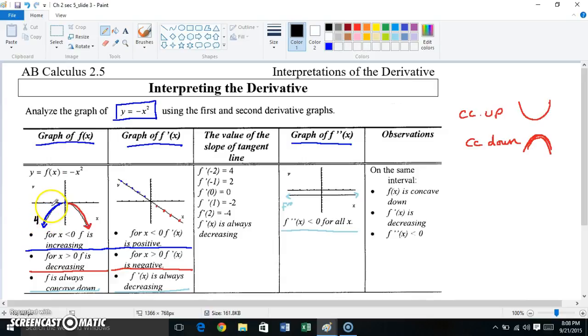At -1, we'd be at a +2. At 0, slope of 0. At +1, a -2. And at +2, a -4. Okay? So our slopes go from 4 to 2 to 0 to -2 to -4. These numbers are decreasing, always decreasing, which implies our function is always concave down.